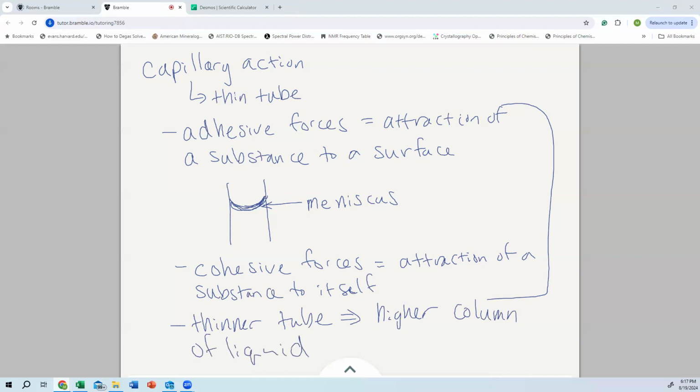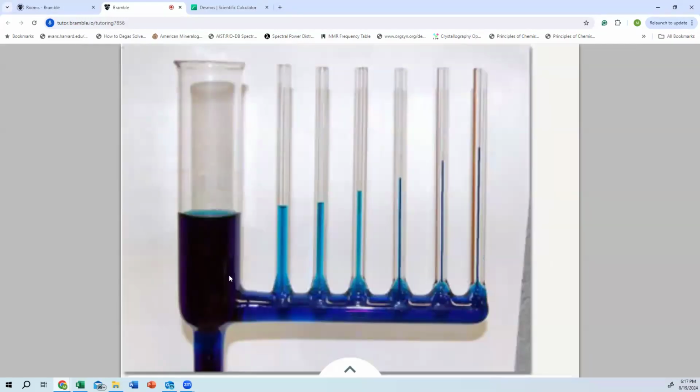We can see that with this image right here. I really like pictures, by the way. So this is capillary action. We have a really big container of liquid and all we really see is that meniscus. But as we decrease the size of the capillary, we can see that the column gets higher and higher because we've got more adhesive forces going on and less effective gravity on the smaller column of liquid.